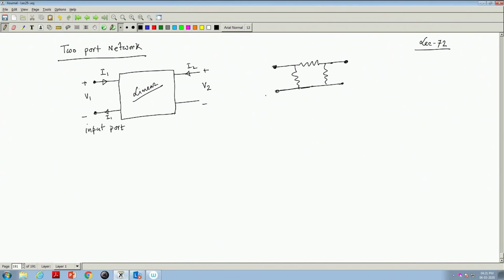So, a 3 terminal 2 port network, some people may call it. Of course, there may exist a 2 port network where the port terminals are not connected. We will discuss that a bit later. For example, a transformer: primary winding has 2 terminals, secondary winding has 2 terminals, and so on.